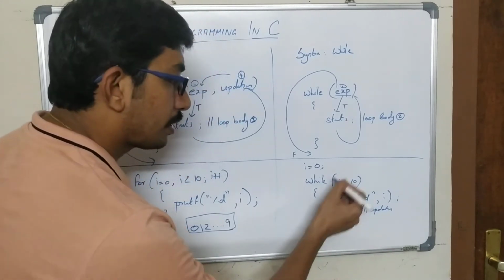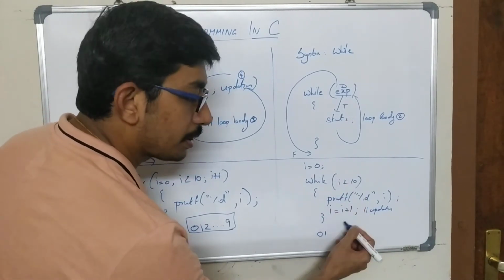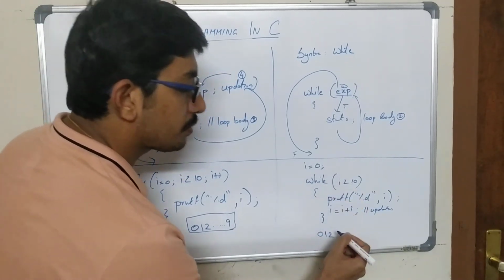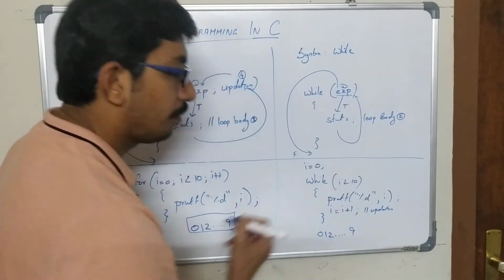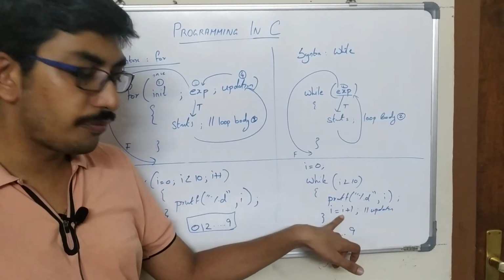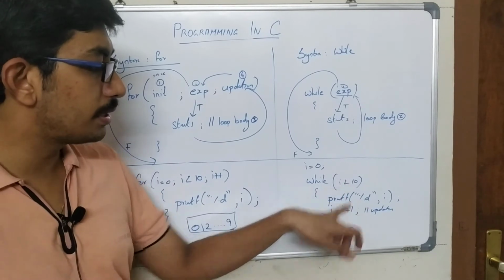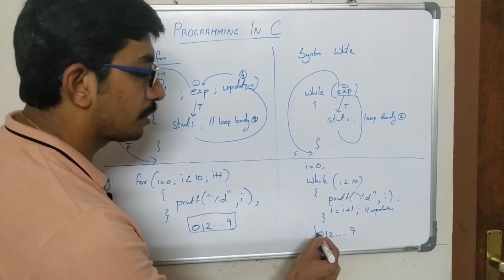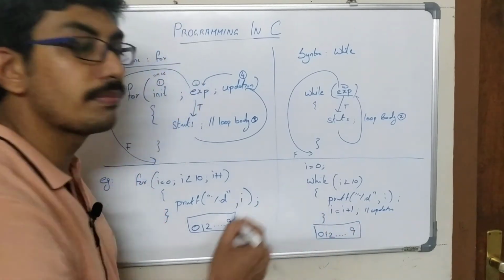This means the condition is true, 1 will get printed. i becomes 2, less than 10, 2 will get printed. This process will continue. When i is 9, less than 10, 9 will get displayed. The value of i becomes 10, not less than 10, the condition becomes false and it will come out of the while loop. So here also you are getting the same output.